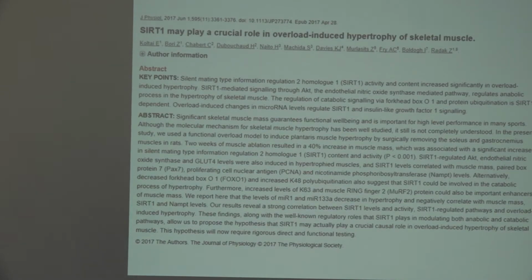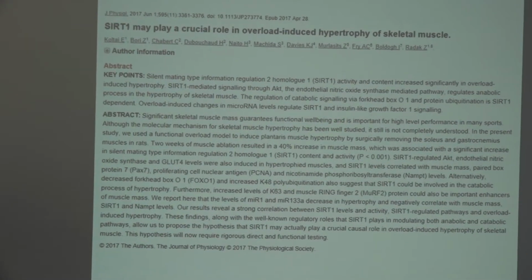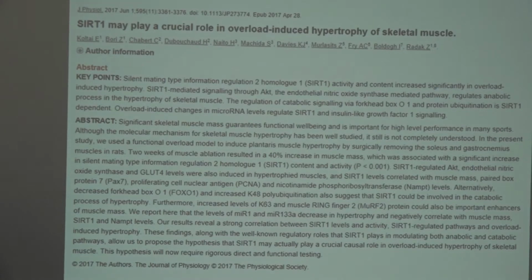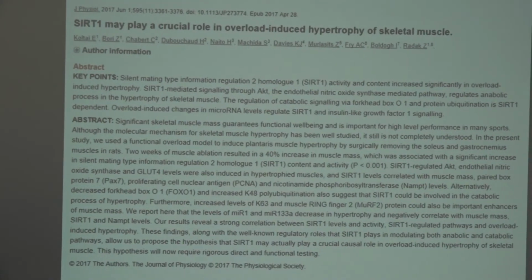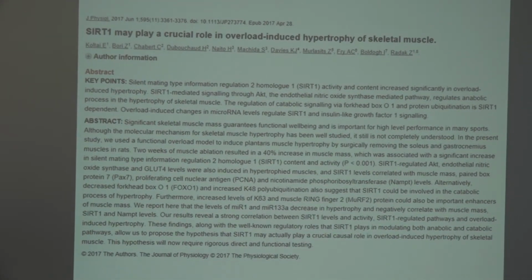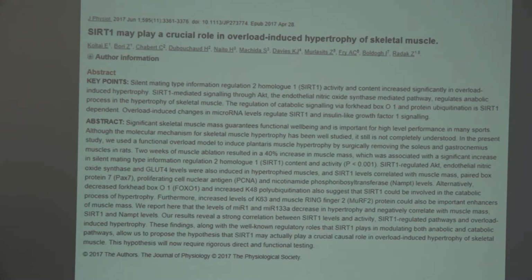And some years ago, we did a study, and we have shown that SIRT1, a very important protein, plays an important role in skeletal muscle hypertrophy. We published this work in the Journal of Physiology.